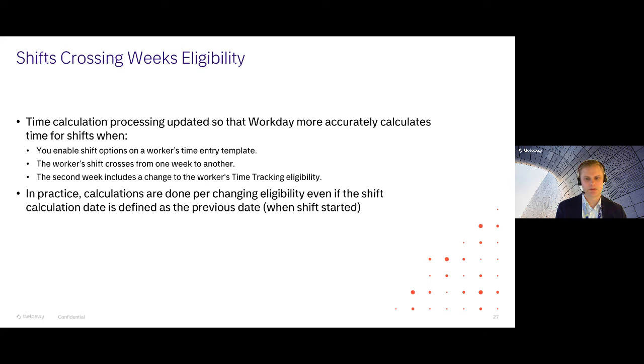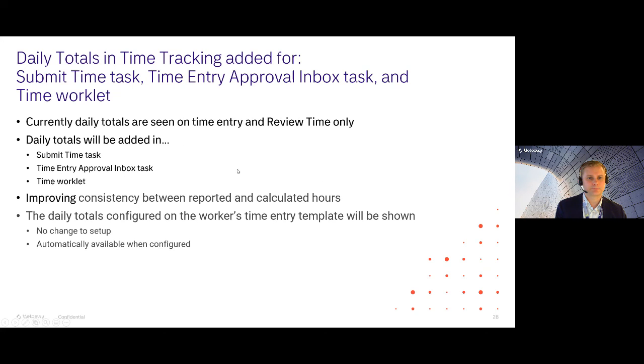So now it is taken into account when the shift date is still in the earlier week, and then it is different in the next week, but some hours go over the midnight. Then those will be calculated based on the next week's rules.